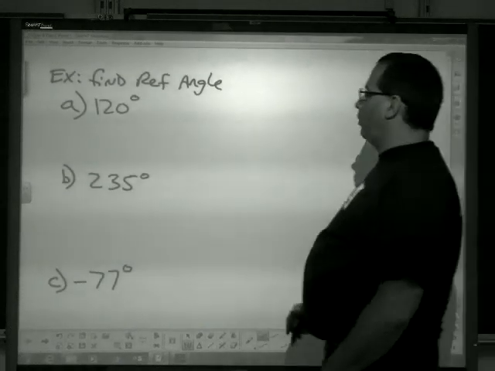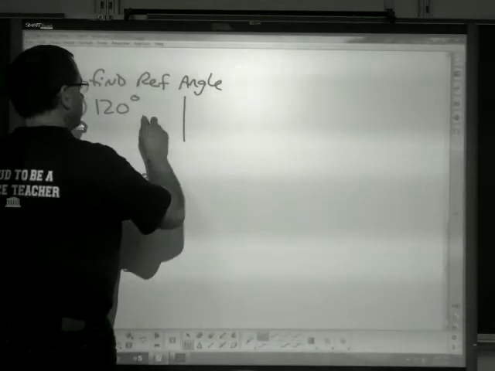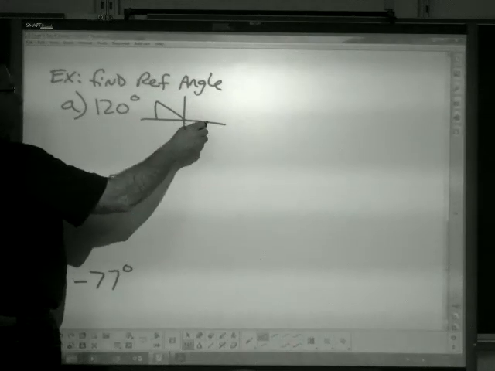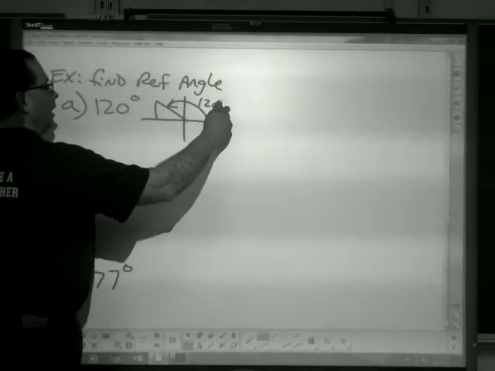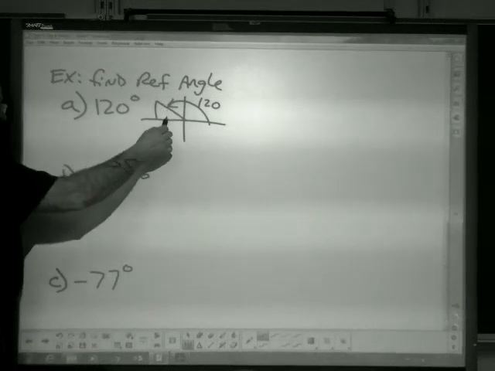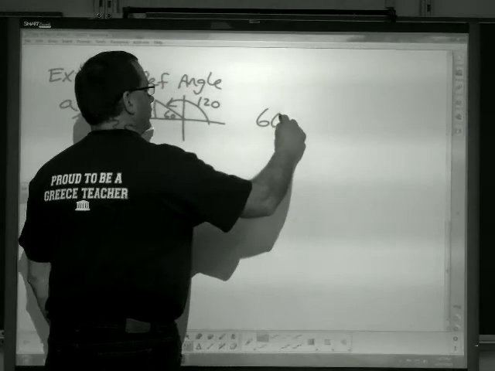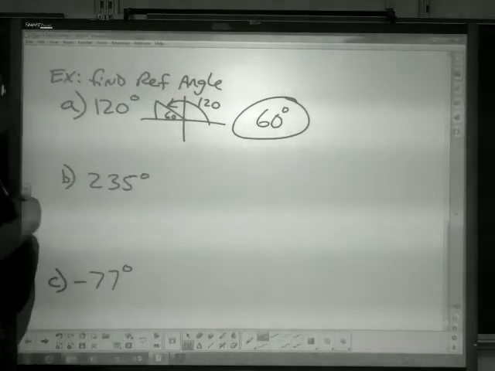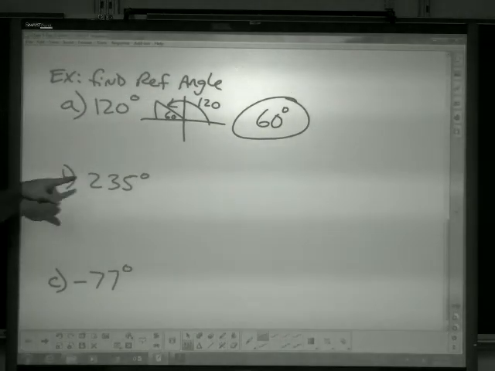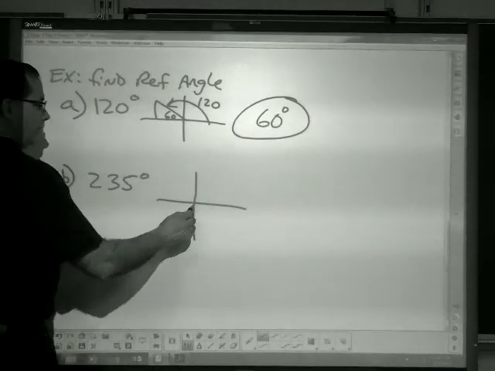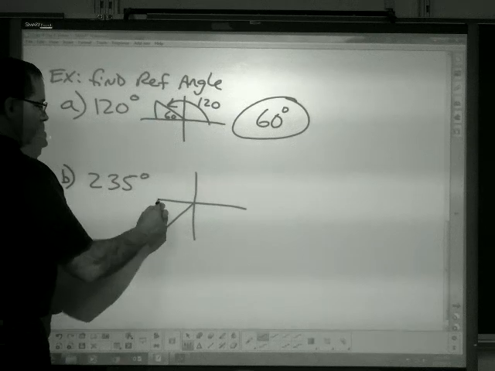Find the reference angle for 120. So if I draw 120, I'm still in quadrant number 2. So this is 120. And 120 plus 60 more would be 180. So my reference angle here is 60. It's that straightforward. 235. Okay, well 235, I'm down in quadrant 3.